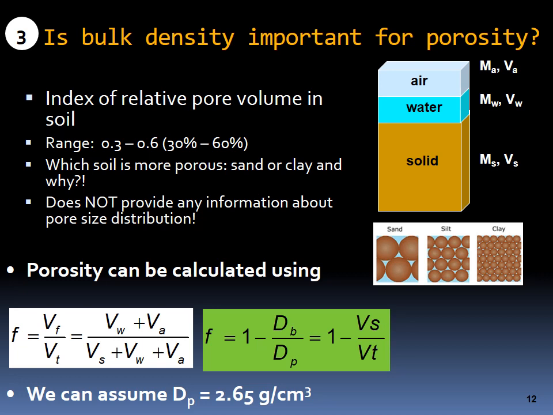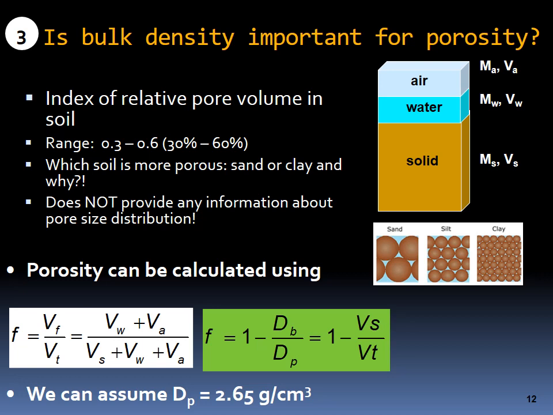Actually, the porosity does not tell us that. Why? Because the porosity again just describes for us how much volume of pores you have in this volume of the soil. So it doesn't tell us the arrangement. For the arrangement, we have to look at the soil and look at how the particles are arranged.